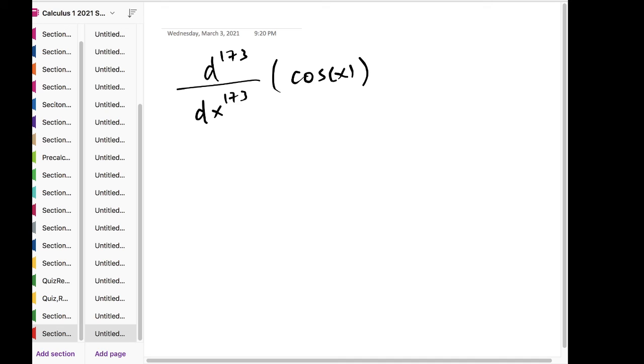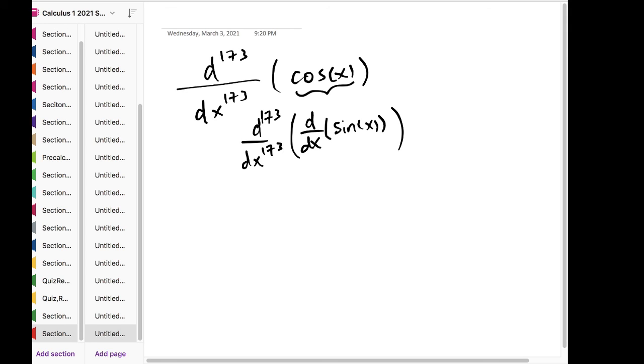No. Why? Because this is just the derivative of sine. So if we just do one of them, you can get the rest.